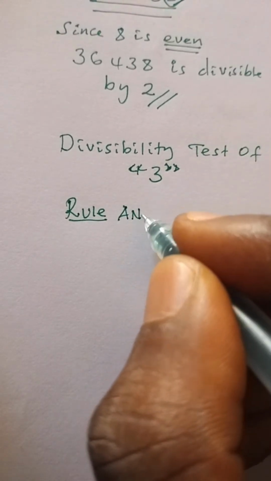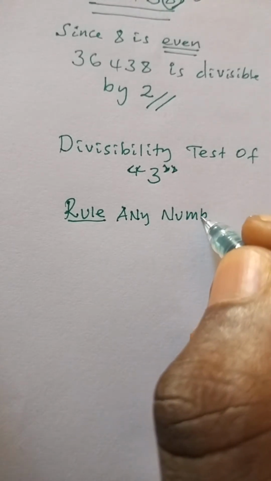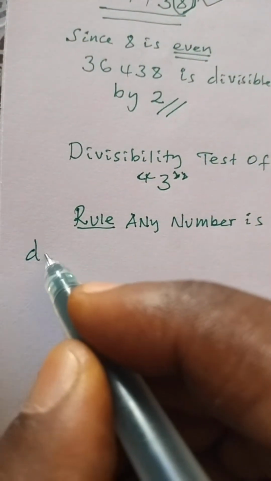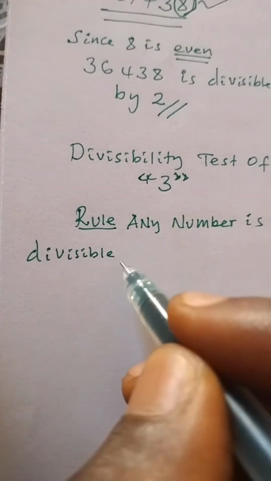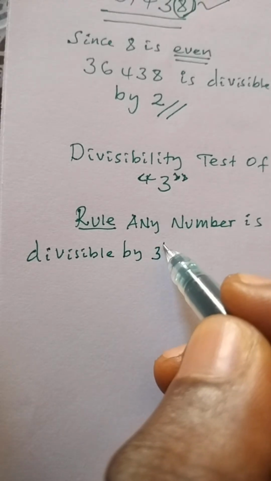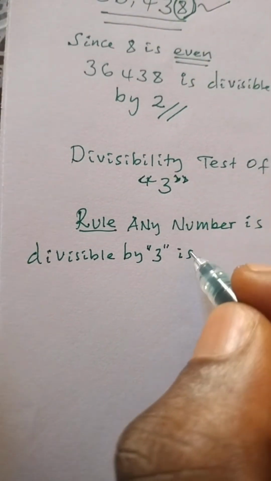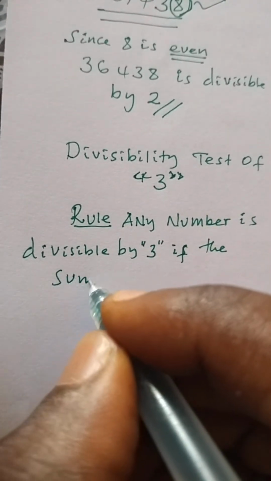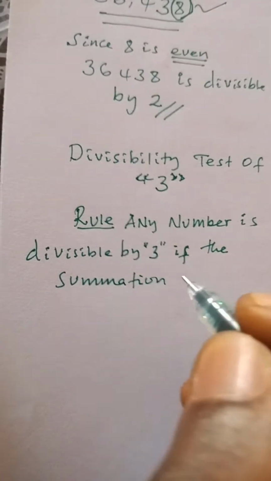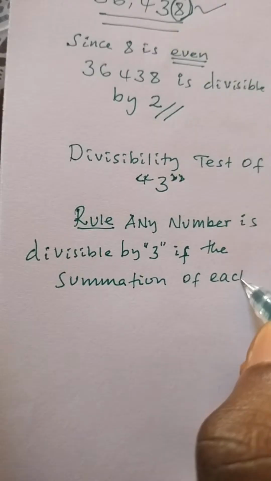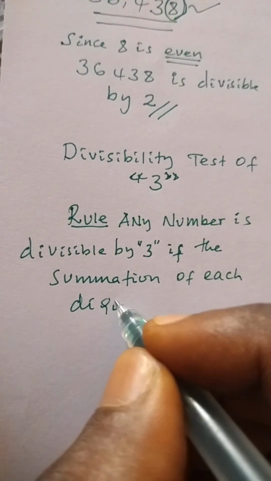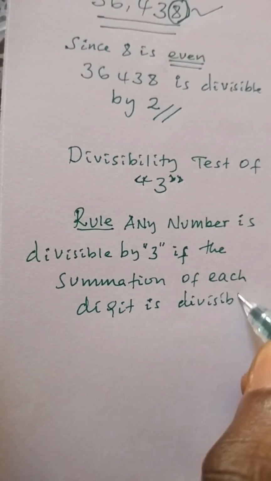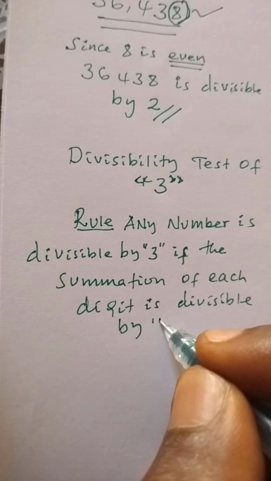Any number is divisible by 3 if the summation of each digit is divisible by 3.